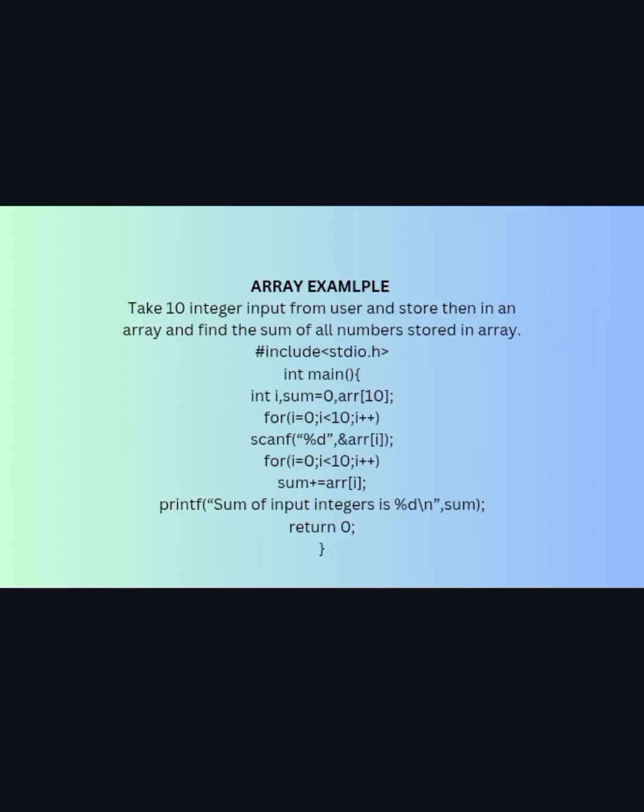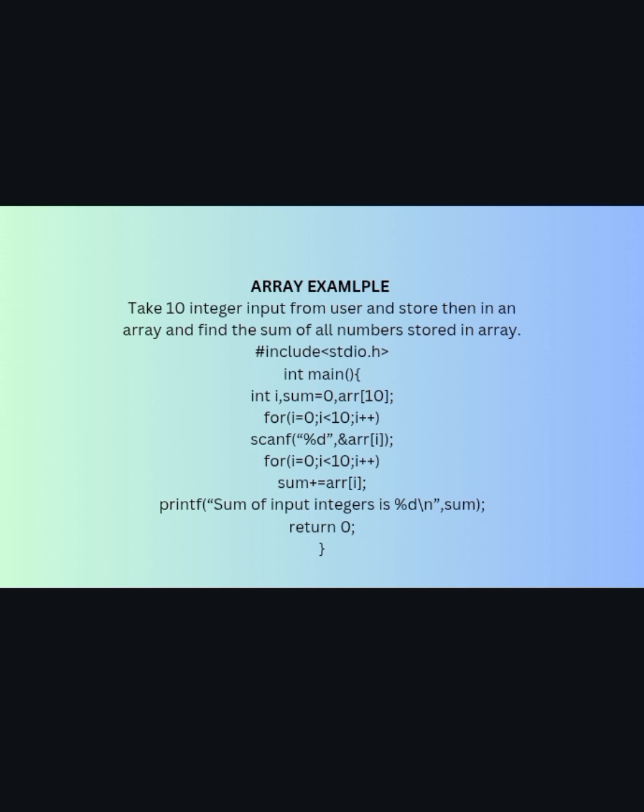Array example: take 10 integer inputs from the user, store them in an array, and find the sum of all numbers stored in the array. #include <stdio.h>. int main, int i, sum = 0, array[10].